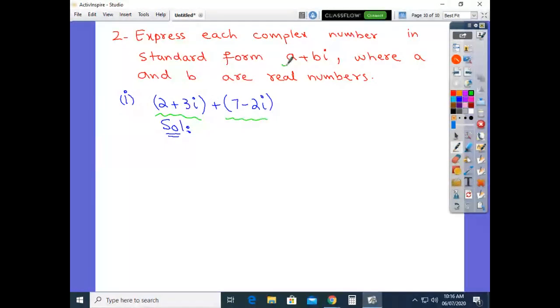What is the standard form? A plus B iota. Now we solve it. For the standard form, we first see the sign of addition between the two complex numbers, which means that we add these complex numbers. Now how do we add these complex numbers? We add the real part with the real part, that is, we add 2 with 7, and add positive 3 iota with negative 2 iota.